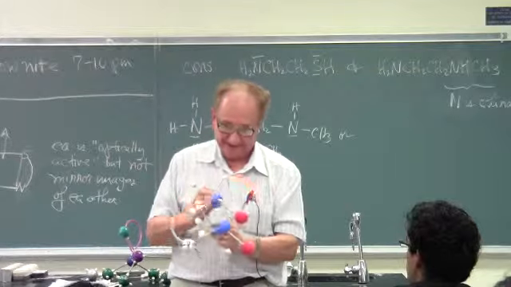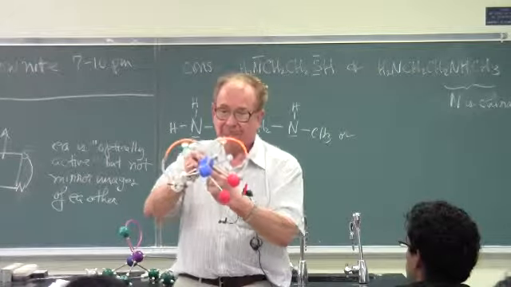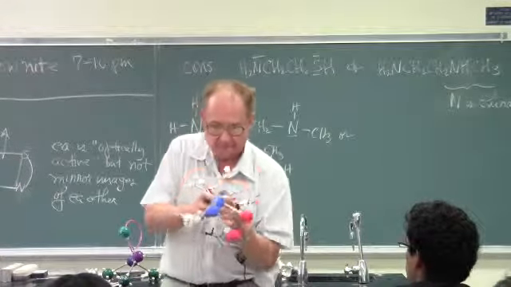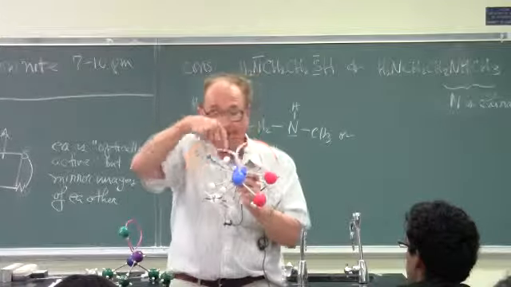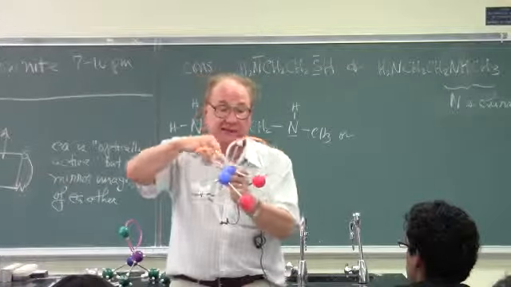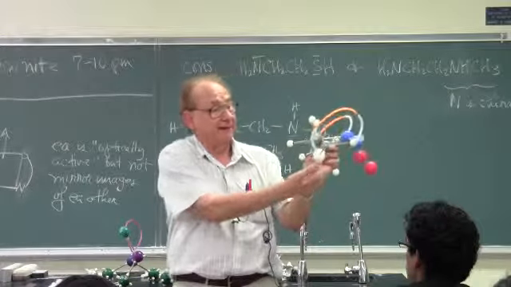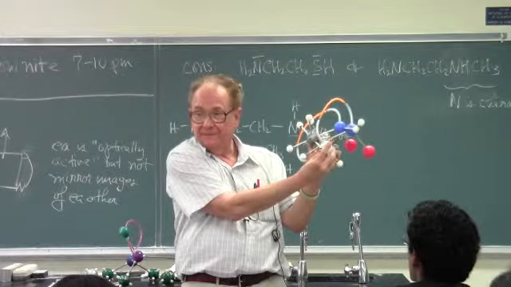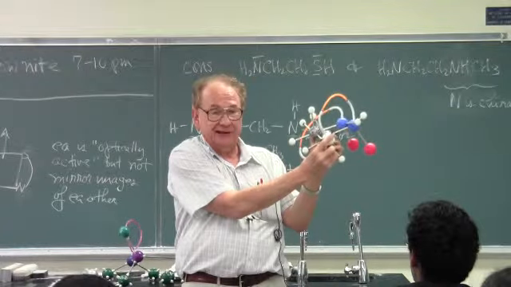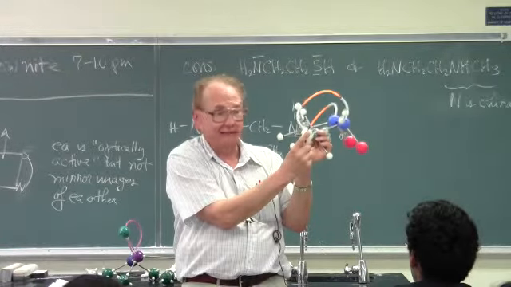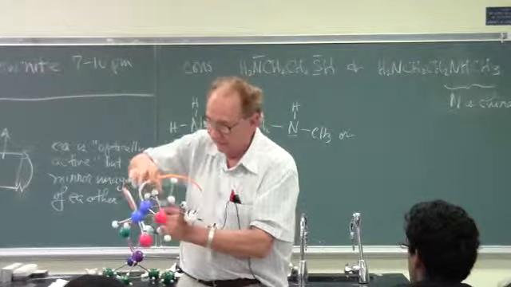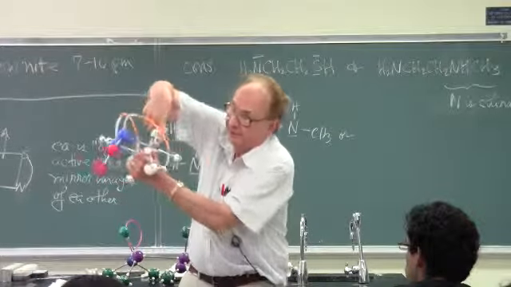Let's try this. Reds, reds, blues, blues, whites, whites, whites, whites, whites. But look what we got here. A monodentate and a chelate ring donor atom. Same thing over here.